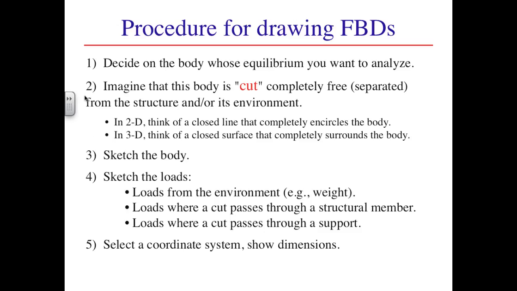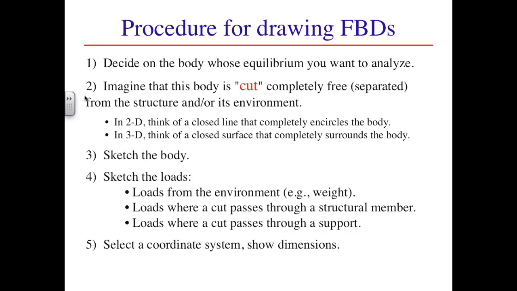Now we begin by deciding on a body to analyze. In many of our problems in Chapter 5, we will be examining a single rigid body, so there isn't much decision-making involved. As we transition to Chapter 6, though, we'll be examining assemblies of rigid bodies, and then it becomes more important to decide what to isolate.